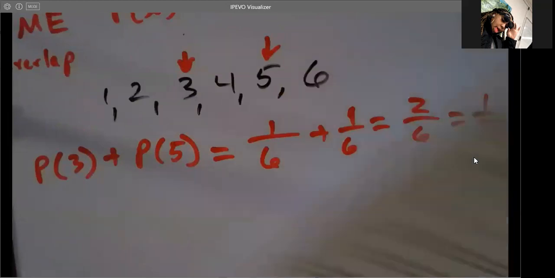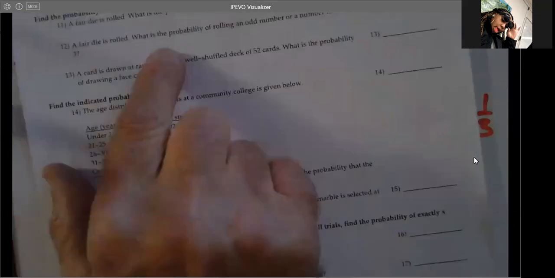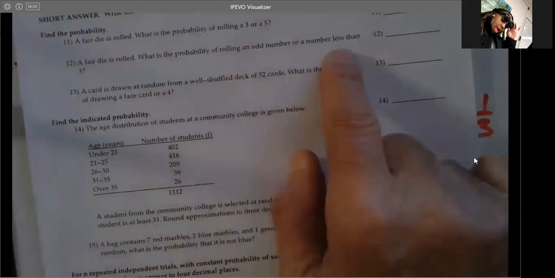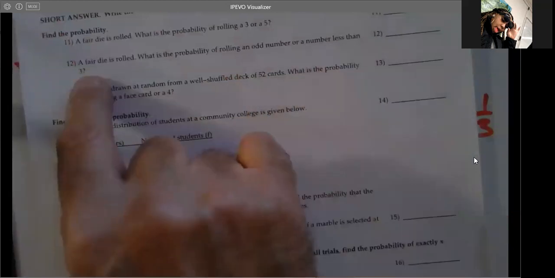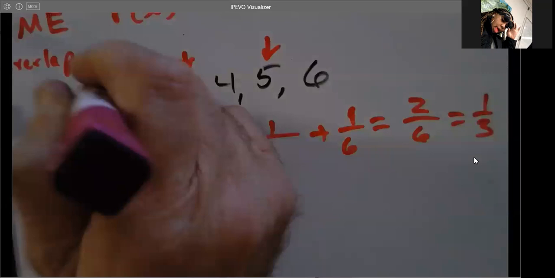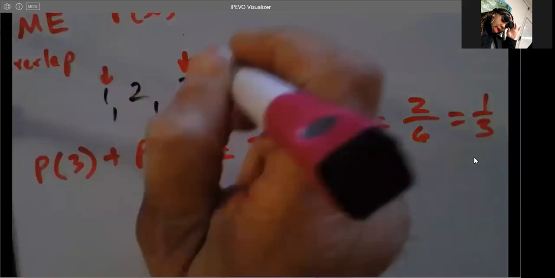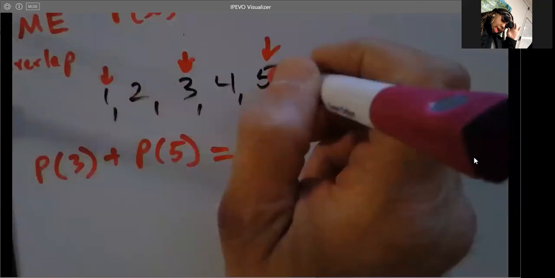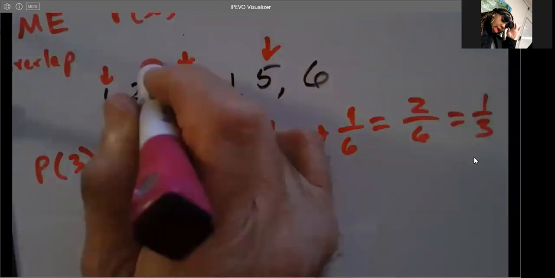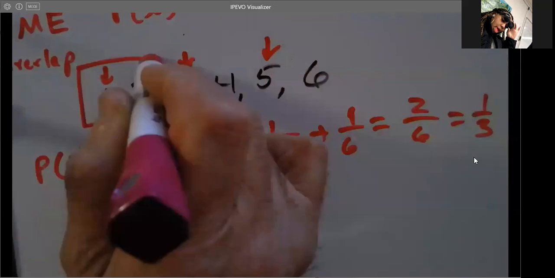Okay. Now, a fair die is rolled. What is the probability of rolling an odd number or a number less than 3? So let's look at our sample space again. Odd numbers are 1, 3, and 5, right? But the numbers less than 3 are 1 and 2.